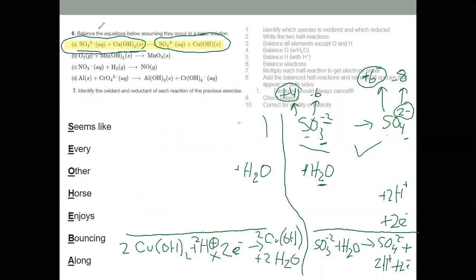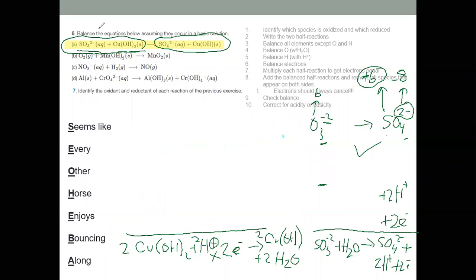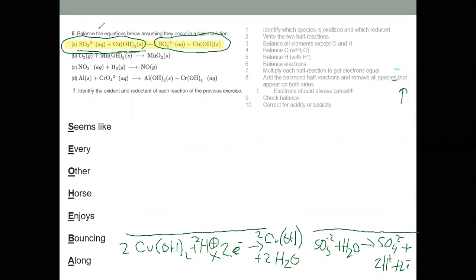So let's go ahead and clean up our screen now. We've done all our pre-work, if you will, and we are in a position to combine and check these equations. All right, so let's do that.